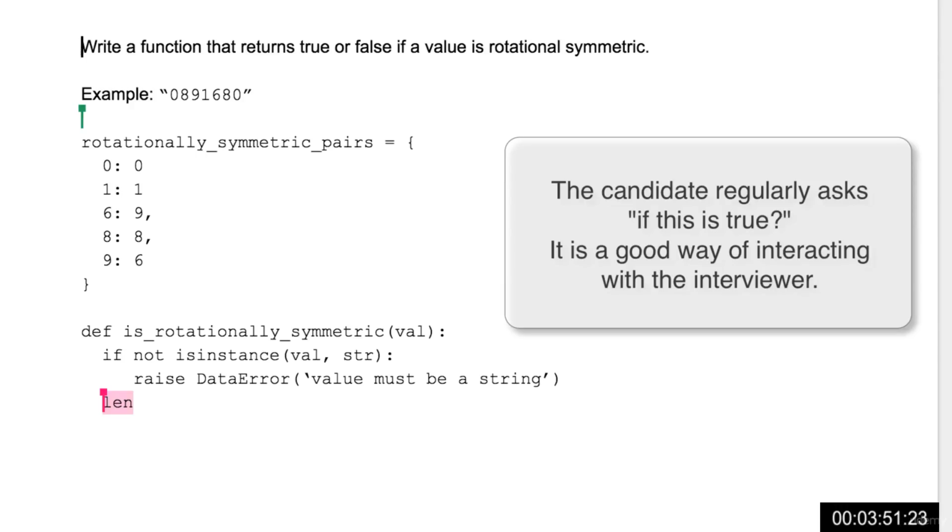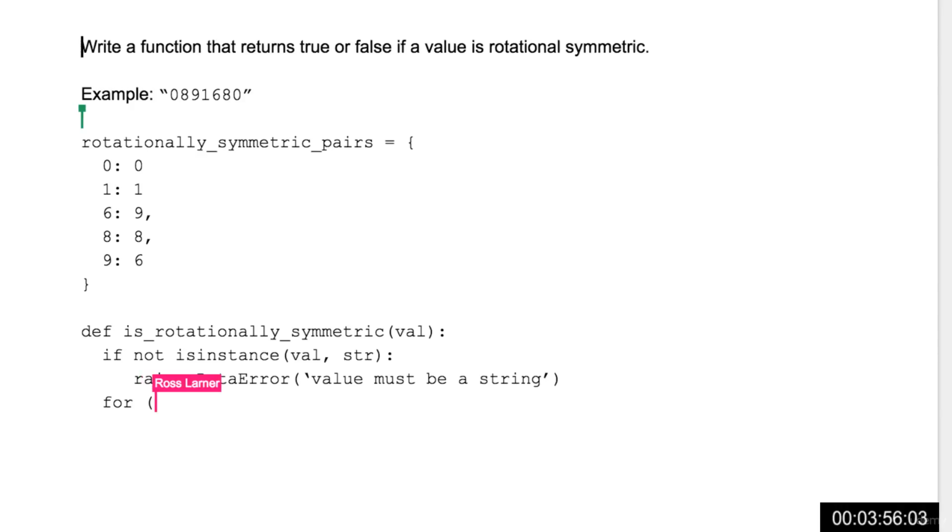Let me start with this and see where we go. Let's see how we're going to do this. We want to go through, so for digit in value, will that work? We should be able to iterate through the string that way, right?